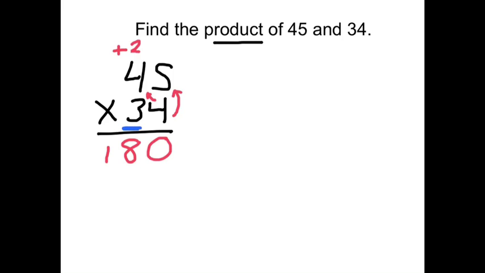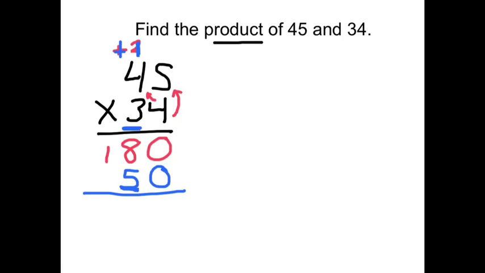Now I'm in the tens place. My answers need to start in the tens place. So I'm going to put a 0 here so that any answers we get will start in the tens place right underneath that 3. 3 times the 5 is 15. Carry that 1.